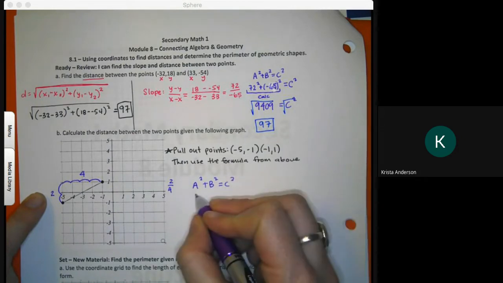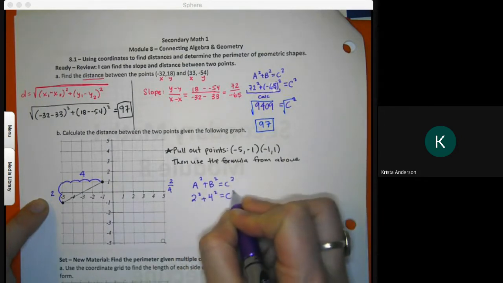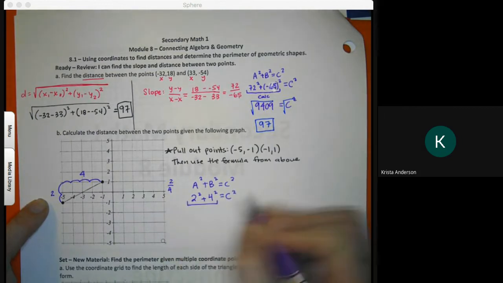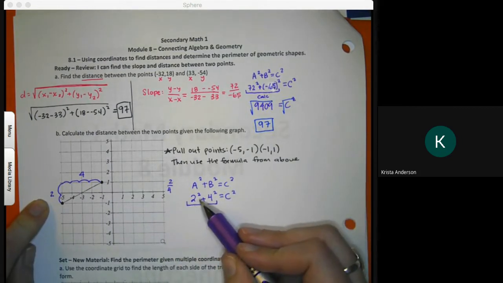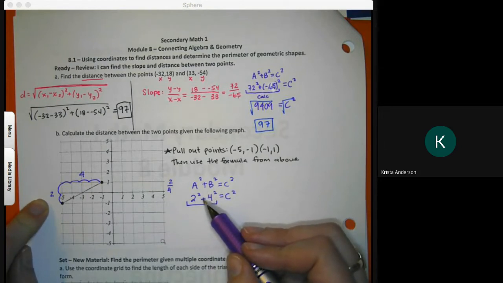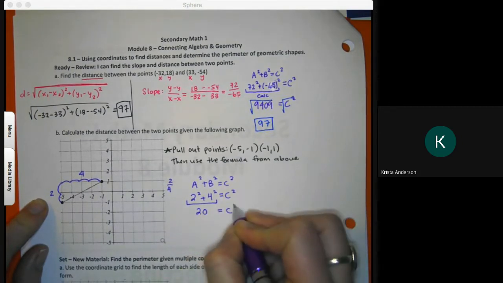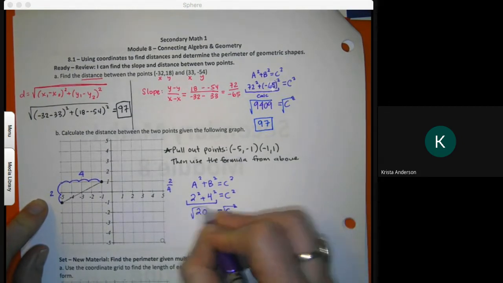So I could plug in 2 squared plus 4 squared is c squared. That would be 4 plus 16, which would make 20. Do you want me to show it on the calculator? Okay, that would make 20. And then I would square root it.